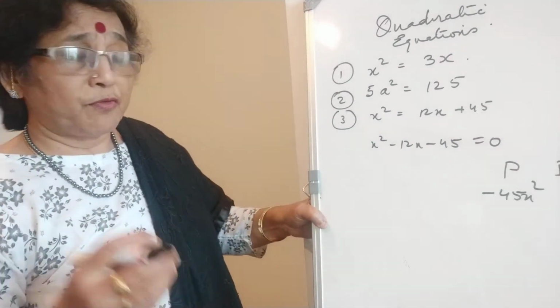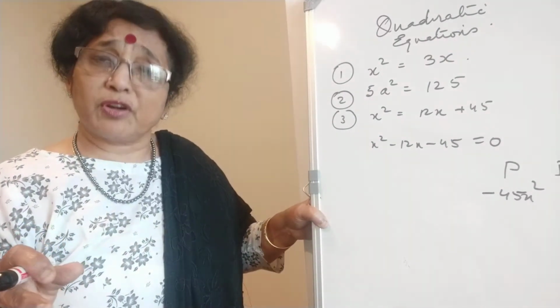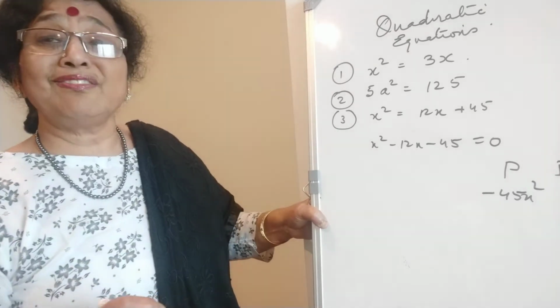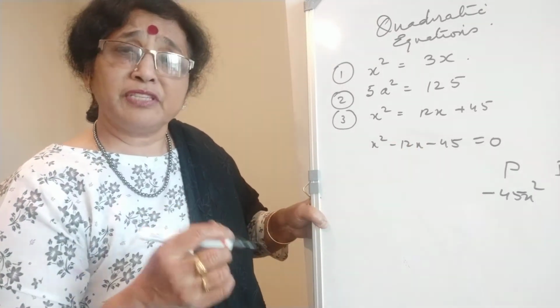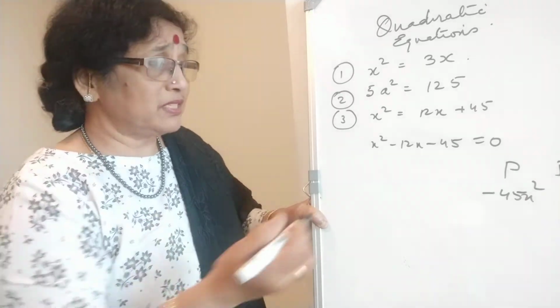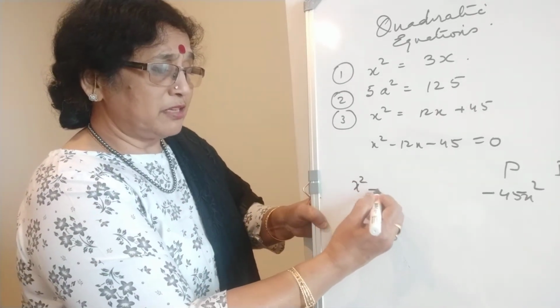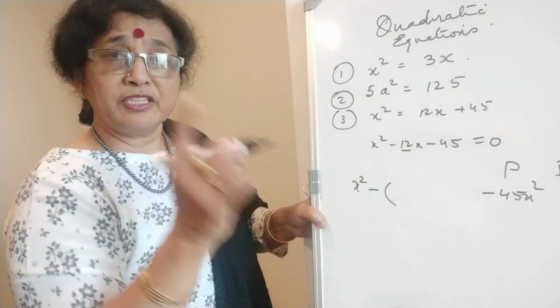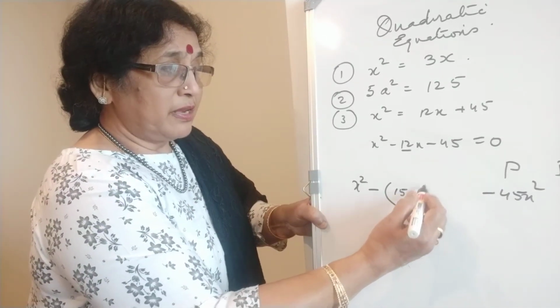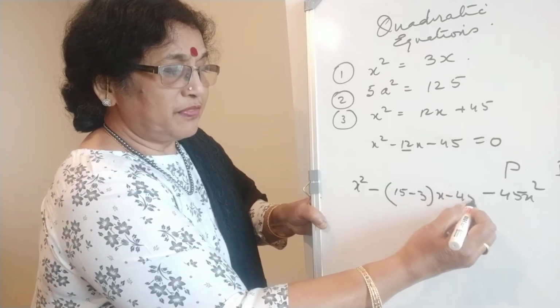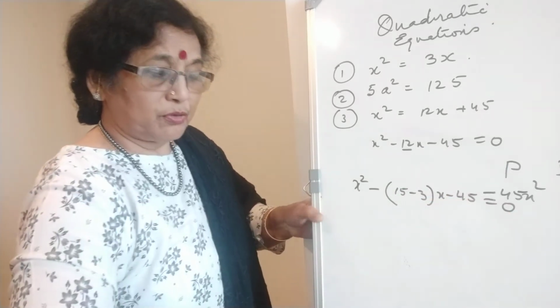So we take 45 ones are 45, difference is 44. So we take 15 threes are 45, right? I told you don't worry, should I take minus 15 or plus 3 or plus 15 and minus 3? Just write x square, write the minus 12 is the difference you have to take. So difference of which two factors? 15 and 3. Put the x, minus 45 is equal to 0.